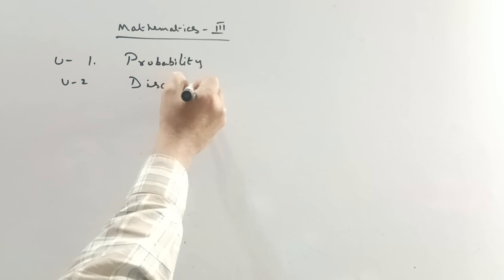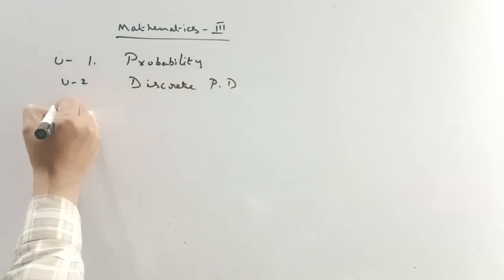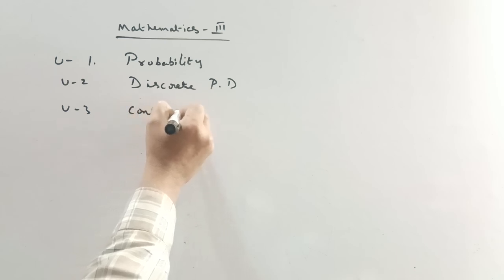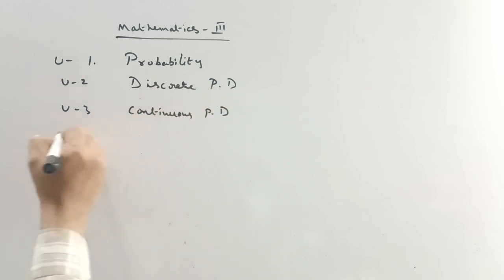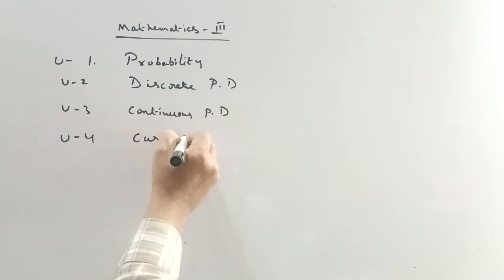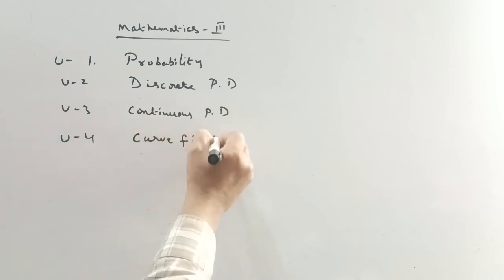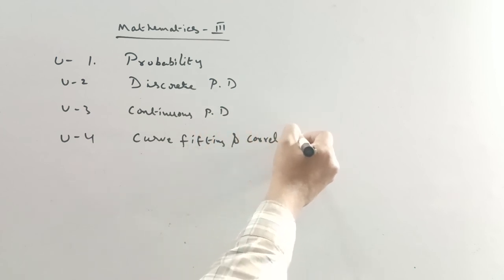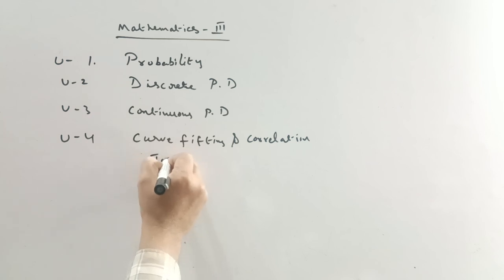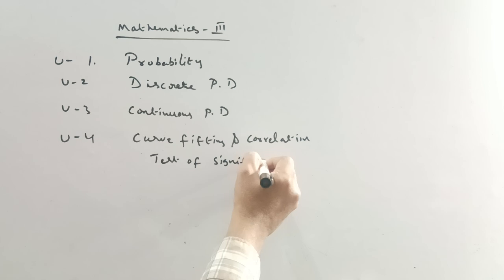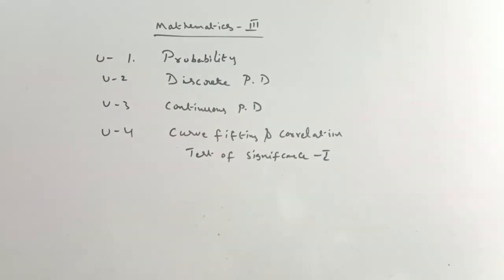And unit 3 is continuous probability distributions, and unit 4 is curve fitting and correlation, regression, and test of significance 1, correct? So this is unit 4.